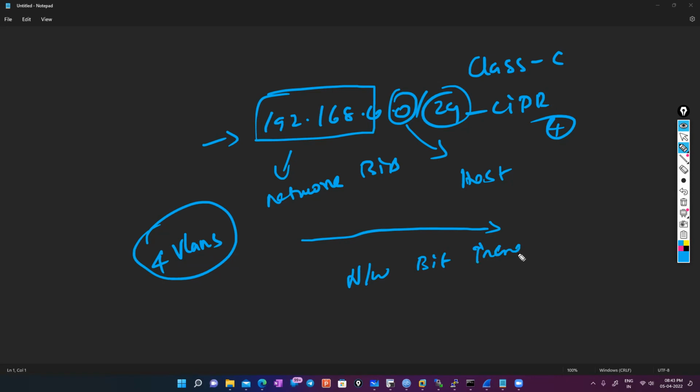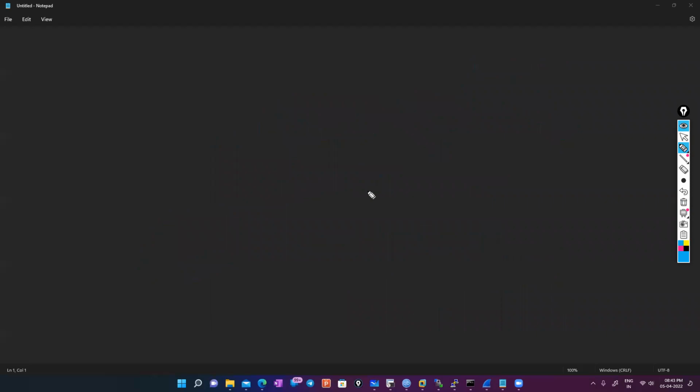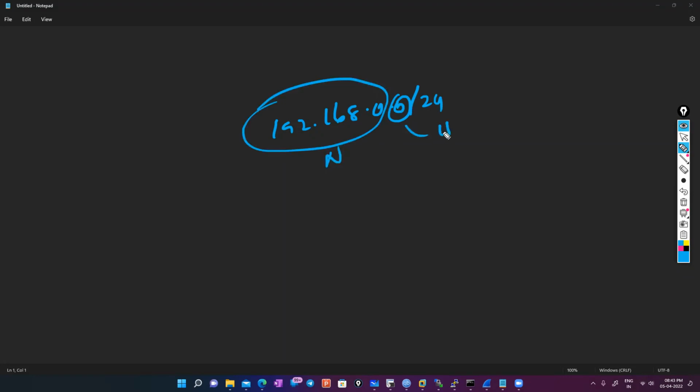It increases, and host bits reduce. 192.168.0.0/24 is just giving me 1 network, because all these 3 octets are occupied. This is for network, and this octet is for host. If I want 4 networks, 2 to the power of 2 is 4, so I want to borrow bits.